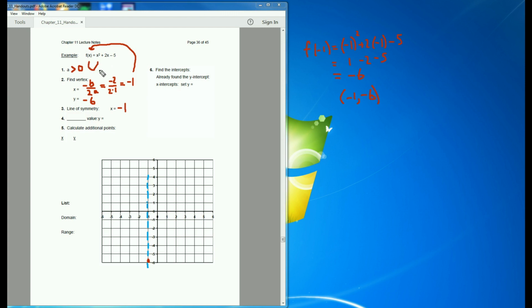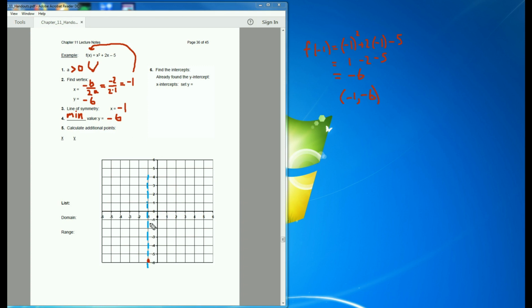Because it opens up, we know that the vertex is at the very bottom of the parabola. Therefore, we are going to have a minimum value. So I'm on number 4 here. The minimum value, and that minimum value is the value of y at the vertex, which is -6. Okay. All right, number 5, then we want to just calculate a few extra points.